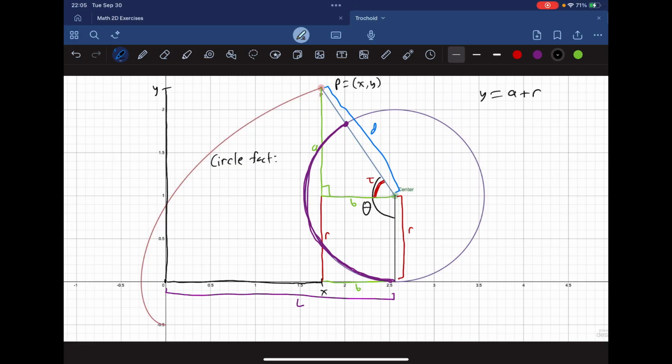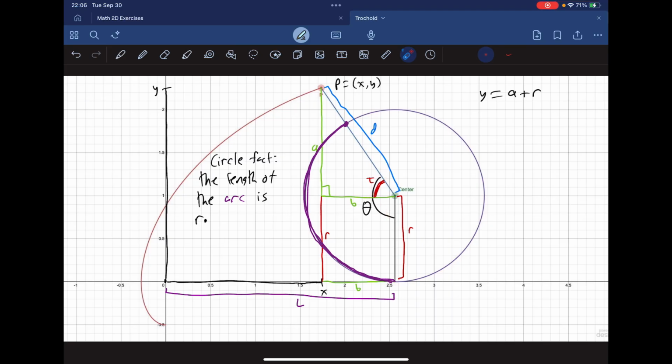So the fact that we're going to use the length of the arc, and let me do this in purple. The length of this arc is the radius r multiplied by the measure of this angle here when measured in radians.